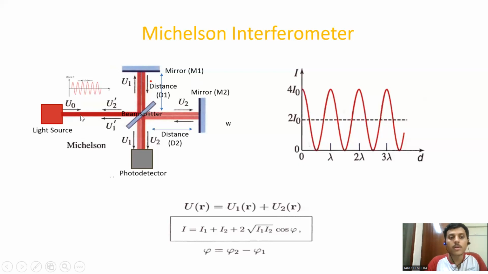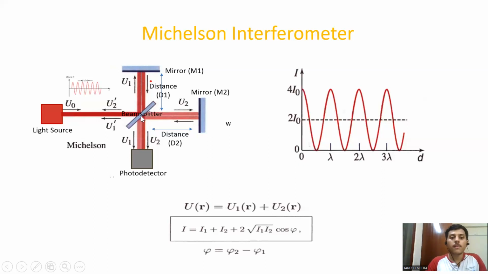The work of the beam splitter is to split this input light into two different lights having different intensities U1 and U2. The light wave having the intensity U1 strikes mirror 1 and gets reflected back towards the beam splitter, and the same thing happens for the light ray having the intensity U2: it strikes mirror 2 and gets reflected back towards the beam splitter.